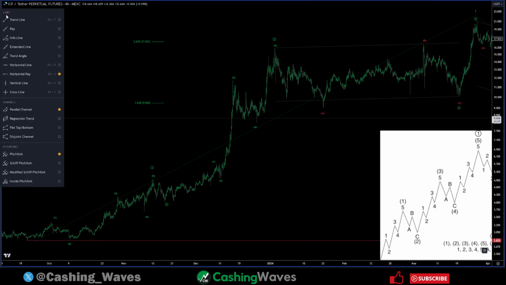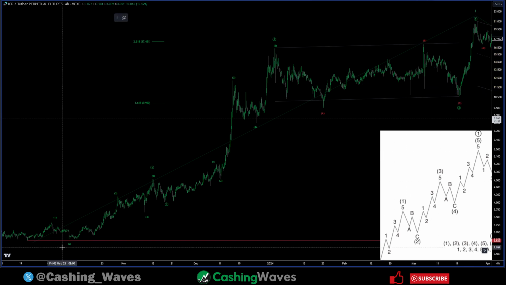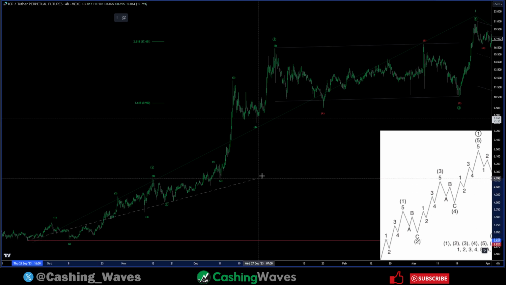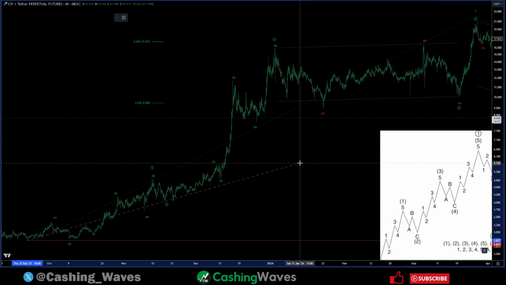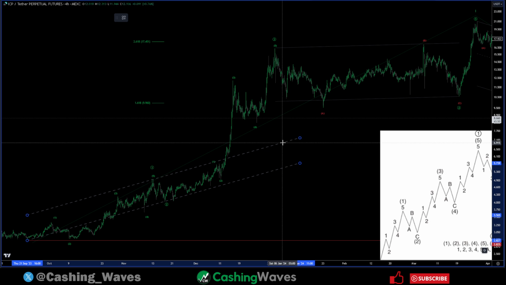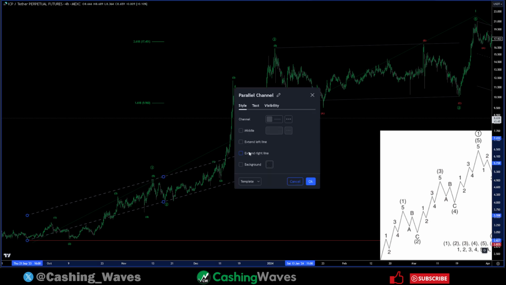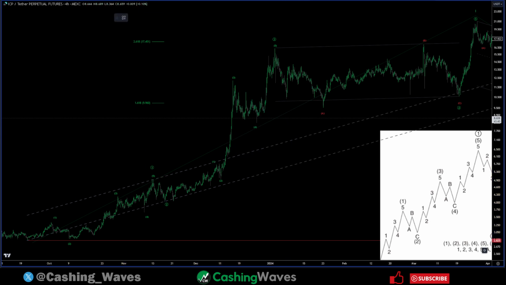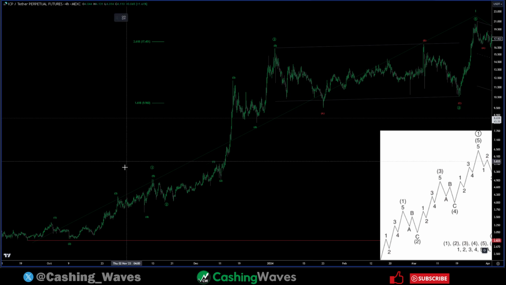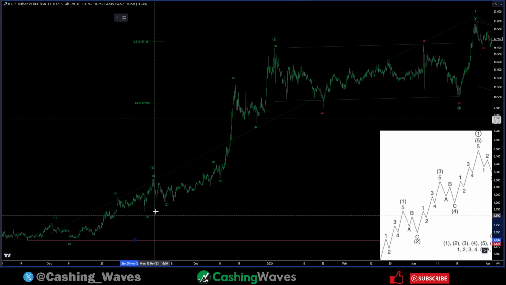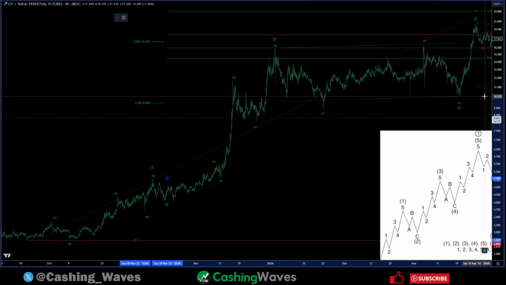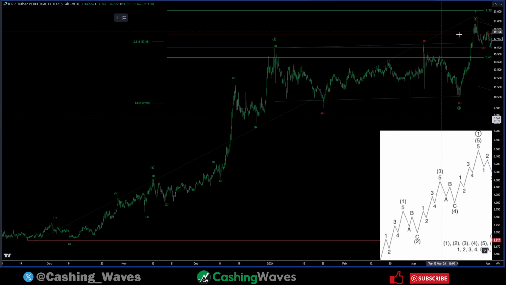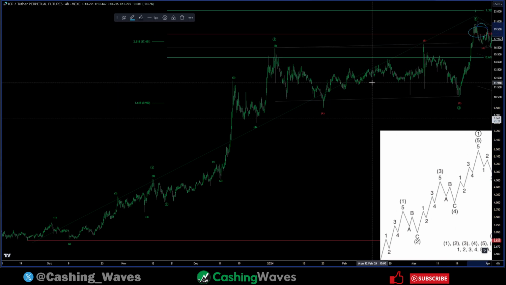Now, a way you can help target these areas is to take the beginning of wave 1, put that off of wave 2, and extend that from the top of wave 1, extend that right, and that's the area where you can look for a 4th wave to pivot off of the top end, which you can see it did right there. And once you have your 4th wave pivot, you can take the length of wave 1 off of wave 4 and target the 1-to-1 extension, which is right there in red for your 5th wave.